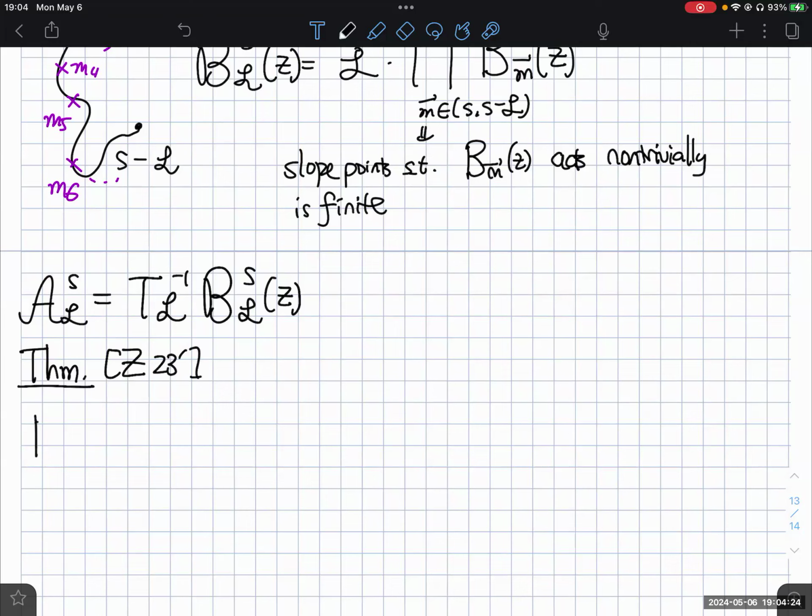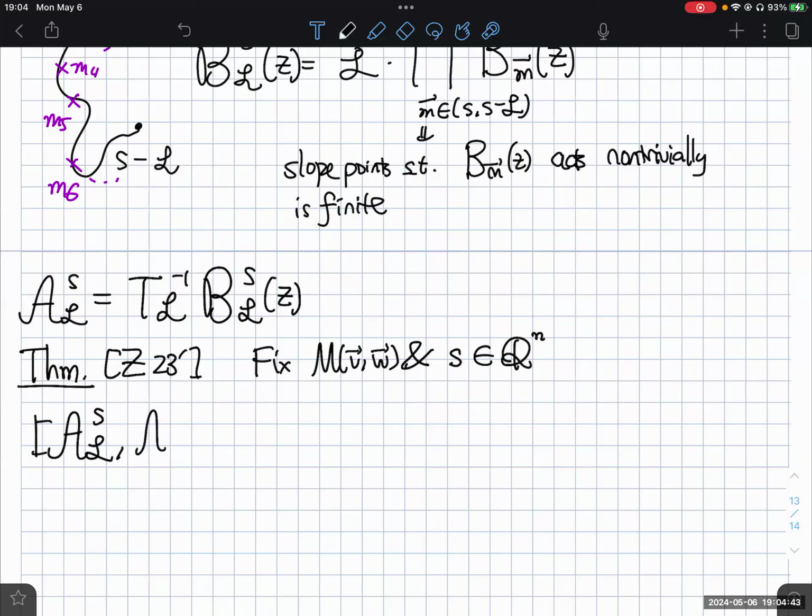That's this operators, if I fix the quiver variety and the slope point. Actually we should take the slope point to be, but it's not necessary to take it generic.